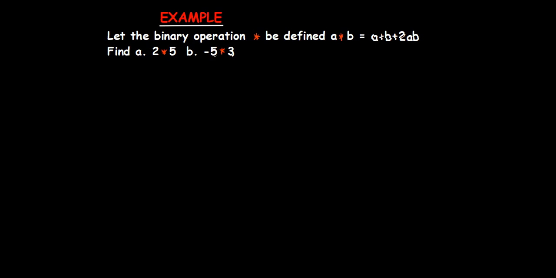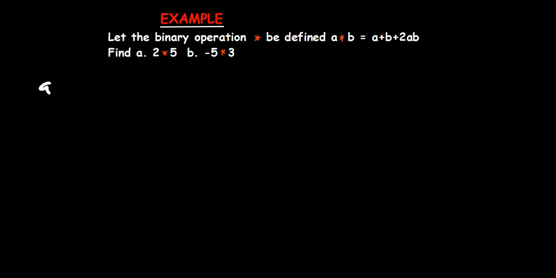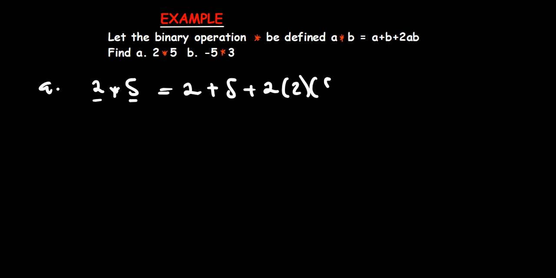How are we going to do this? For 2 star 5, our A in this case is 2 and our B is 5. Where there's A, I replace it with 2, and where there's B, I replace it with 5, and that applies everywhere A and B appear.